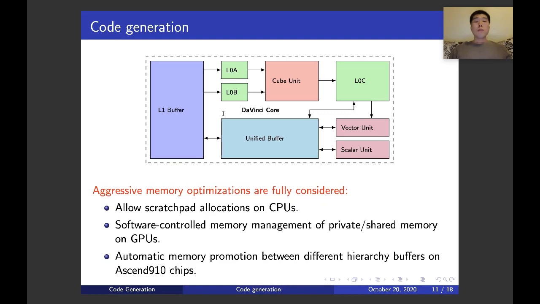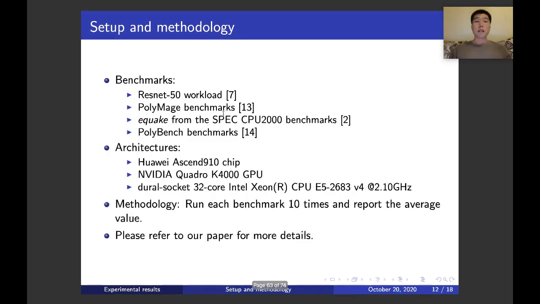As our purpose is to exploit memory hierarchy, aggressive memory optimizations are fully considered by allowing scratchpad allocation on CPUs and proposing a software-controlled memory management on GPUs. The automatic memory promotion between different hierarchy buffers on Ascend 910 chips is also implemented in the AKG project.